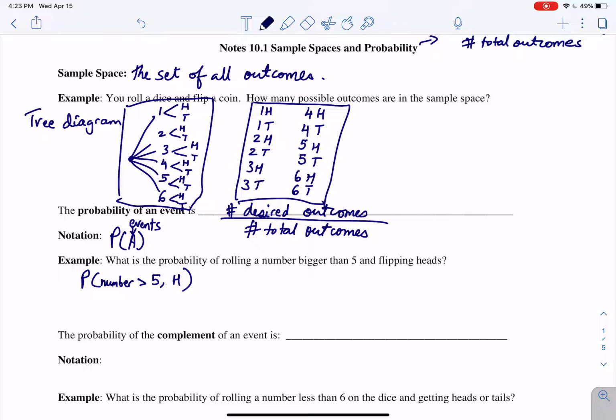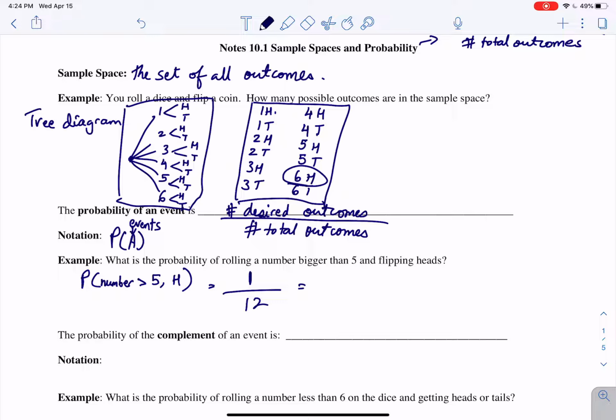Bigger than 5, well, that has to be 6. And flipping heads, well, that's that one thing. So I have one outcome that's desirable. And then the total outcomes was 1, 2, 3, 4, 5, 6, 7, 8, 9, 10, 11, 12. So I have a 1 out of 12 chance to roll a number bigger than 5 and flip heads.